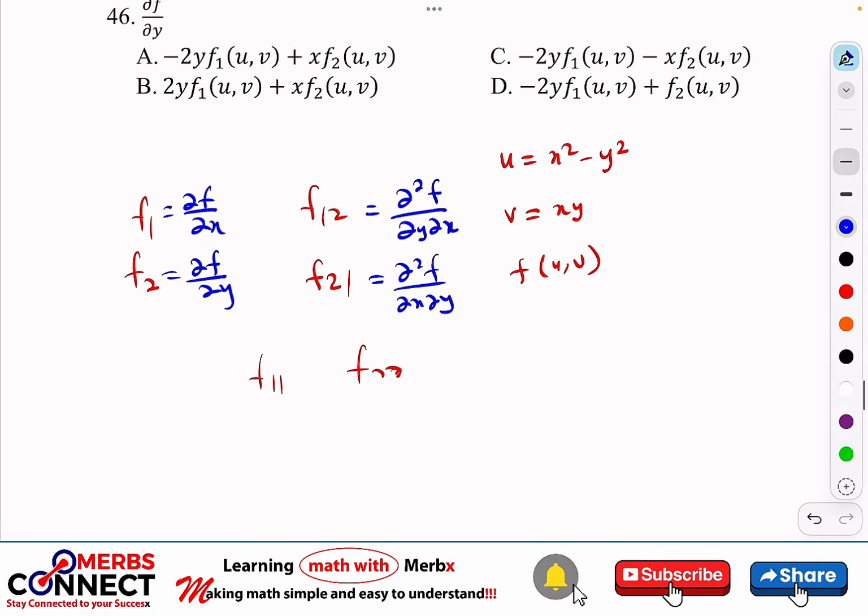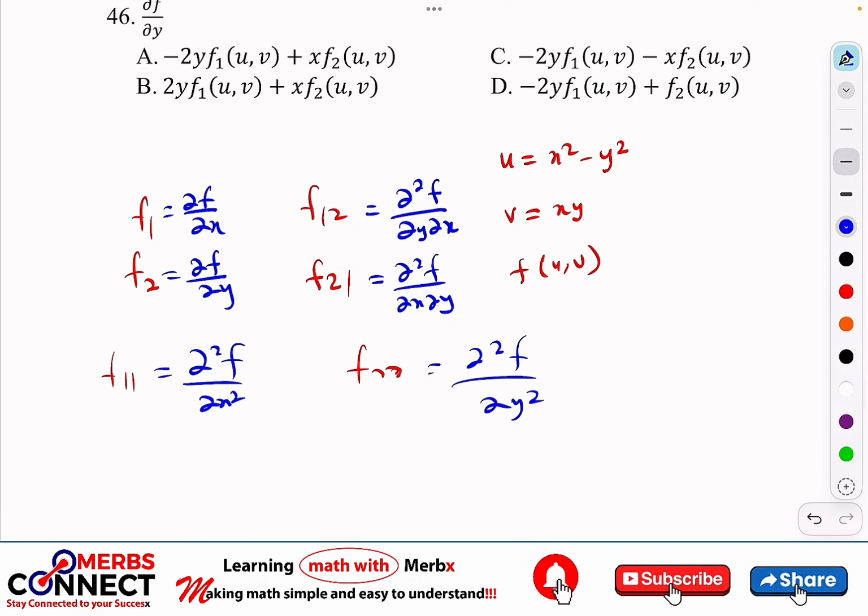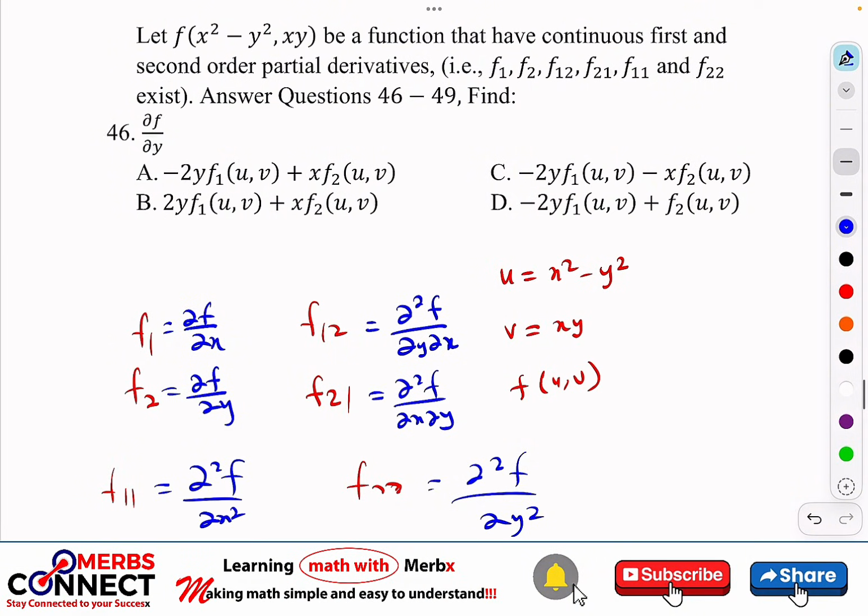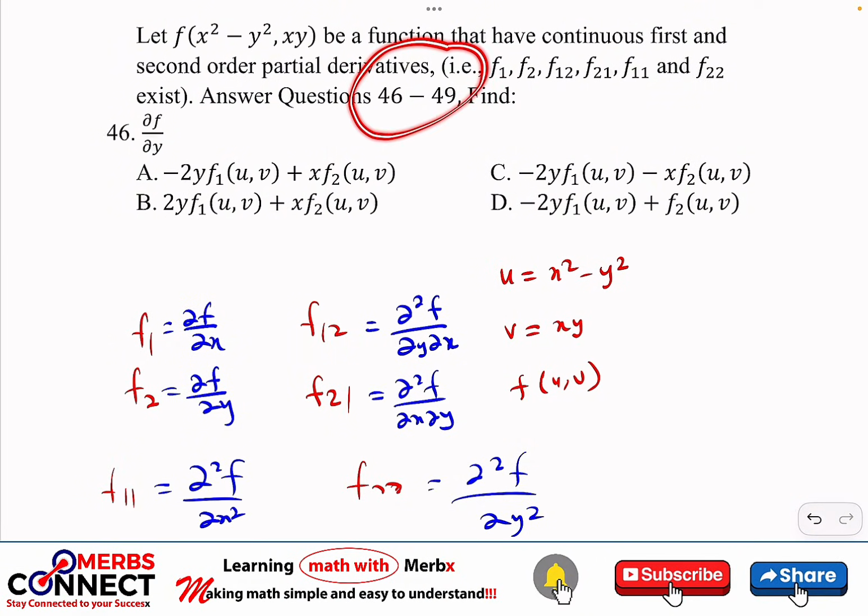And f11 is the second partial with respect to x, and f22 is the second partial with respect to y. So this is what you are going to do. Please try this one. From 46 to 49, I'm going to leave everything for you to do. Try your hand on this.